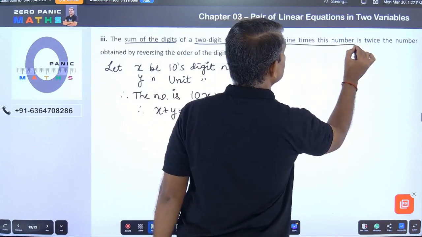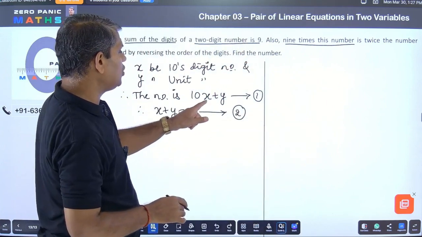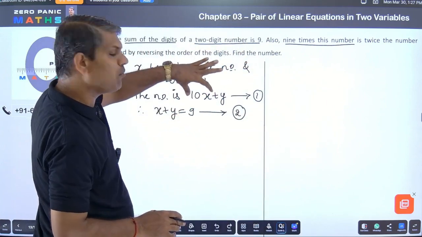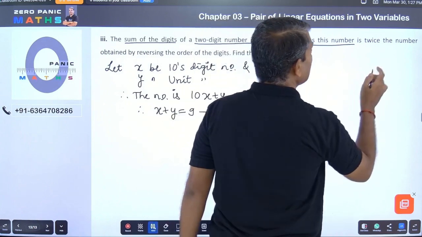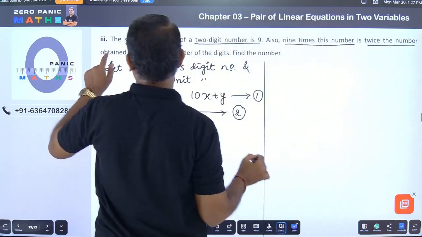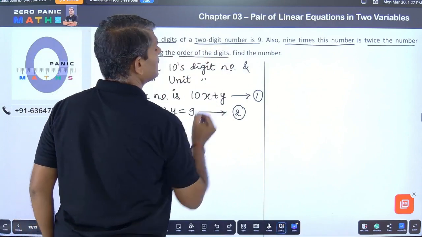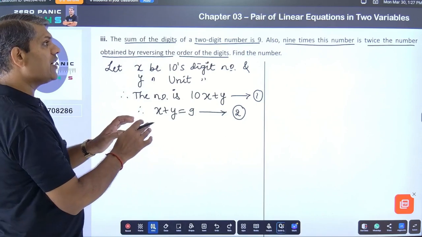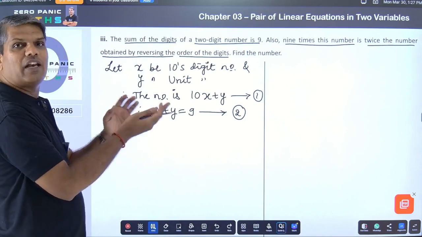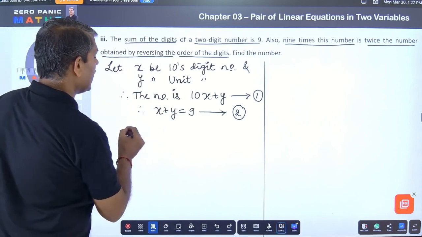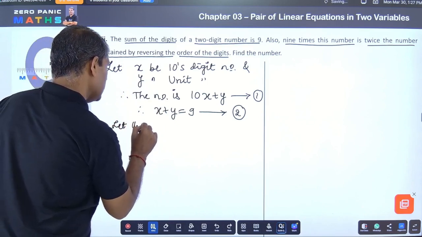Now let us consider what exactly is this. 9 times this number, that is 9 into 10x plus y. This is the number, right? 9 times that number is twice the number obtained by reversing the order of the digits. Let us first obtain that number by reversing the digits. Listen carefully.